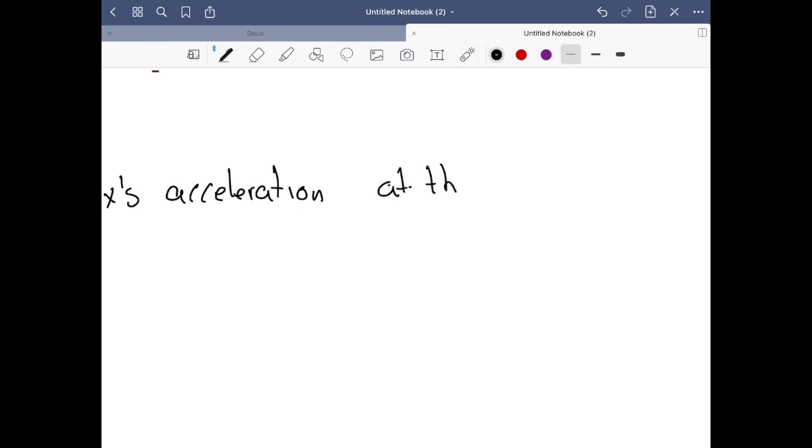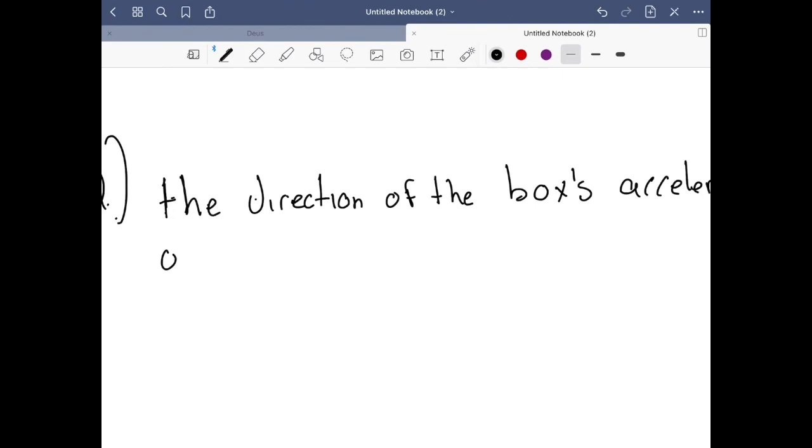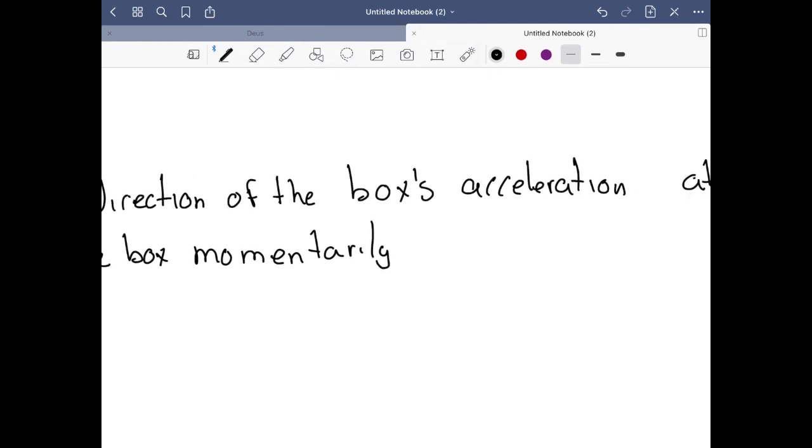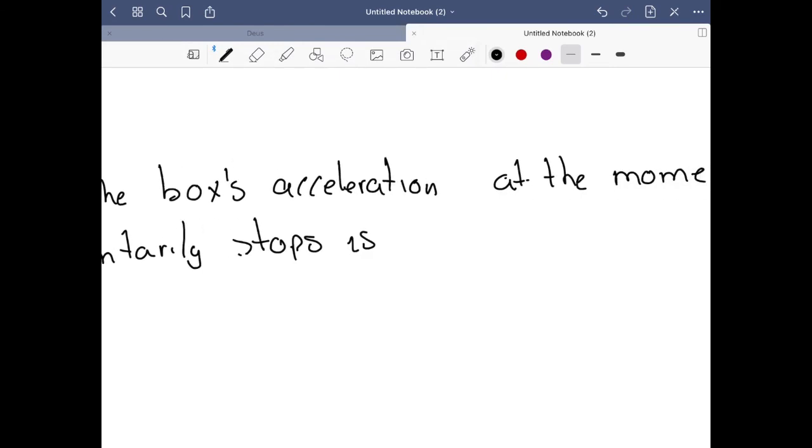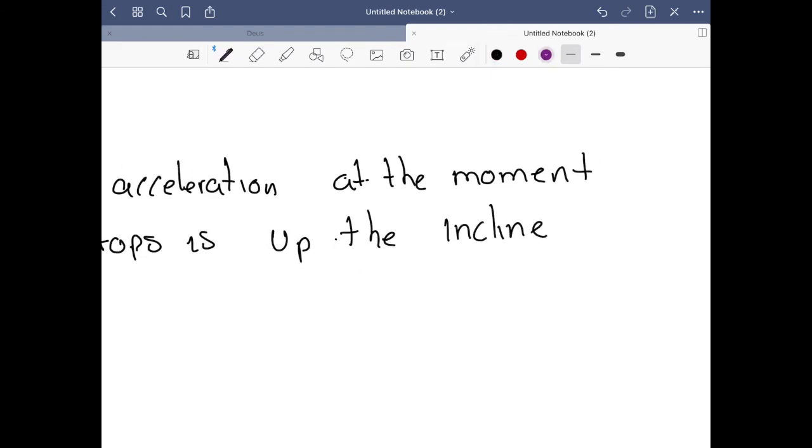So we can say that the direction of the box's acceleration at the moment that the box momentarily stops is up the incline. And that would be everything from me in this exercise. Thank you so much.